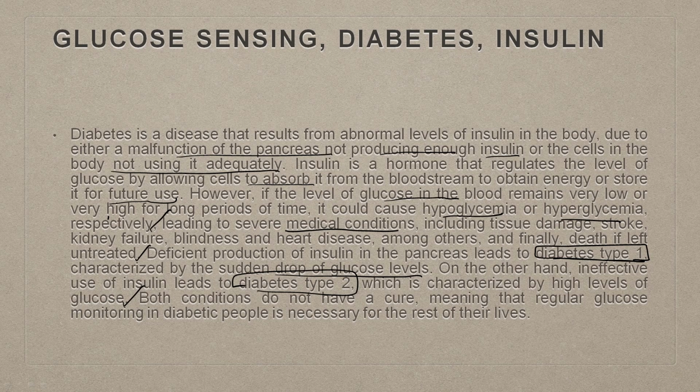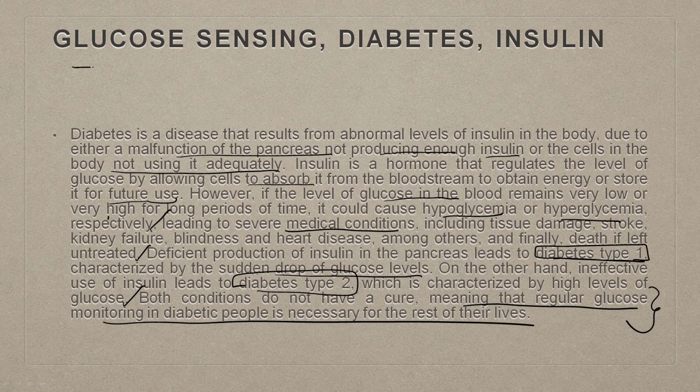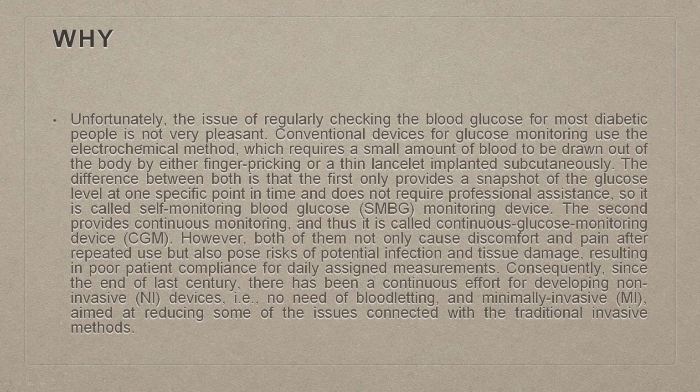Both conditions do not have a cure, meaning that regular glucose monitoring in diabetic people is necessary for the rest of their life. And this is the key point of the whole link of glucose sensing, diabetes and insulin, and of course type 1 and type 2 diabetes. Unfortunately, regularly checking blood glucose is not very pleasant for most diabetic people.